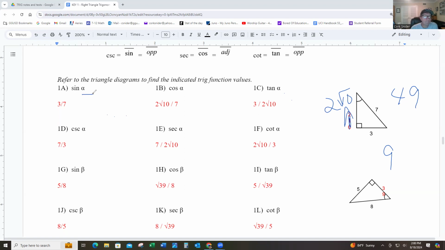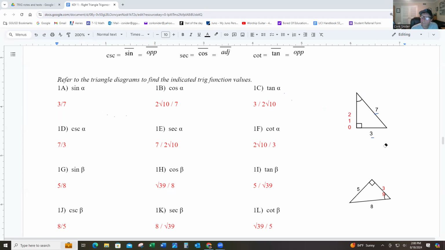So they'll use alpha and they'll use theta for angles. Doesn't really matter. This particular angle right here is our alpha. The sine of that is opposite 3 over hypotenuse, which is 7. No problem there. That's got to be incredibly simple.